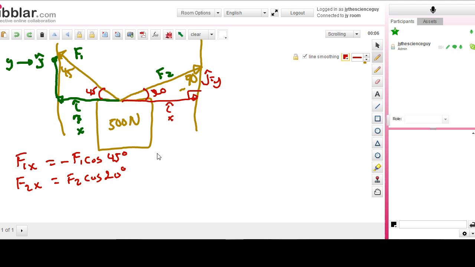I'm going to do the exact same thing to the y part. f1y would be equal to f1 sine of 20 degrees and f2y would be equal to f2 sine of, I'm sorry, this is 20 degrees, this is 45.